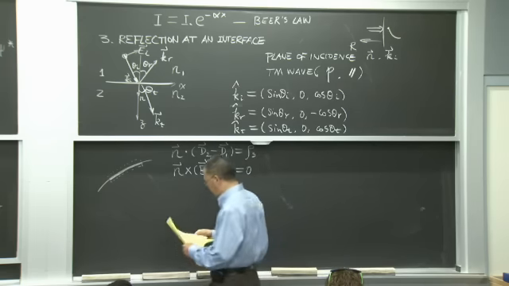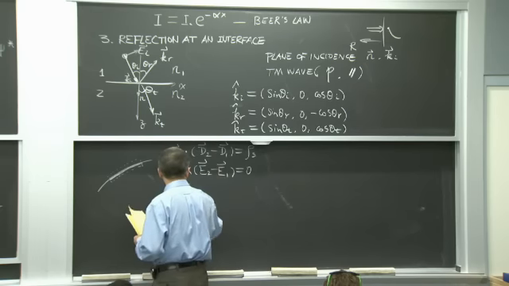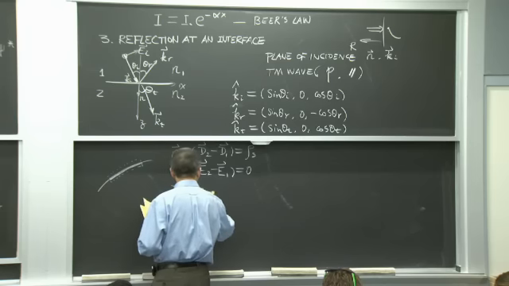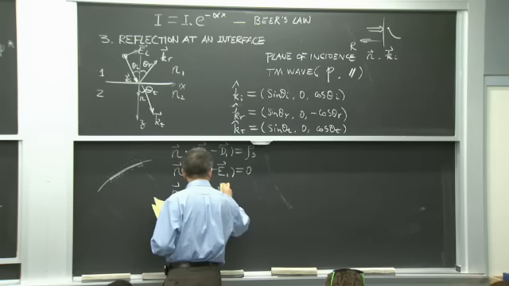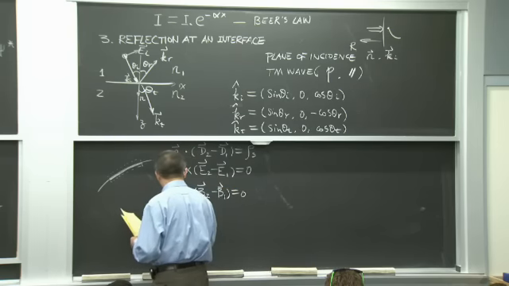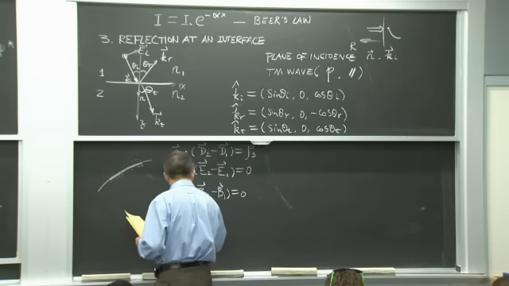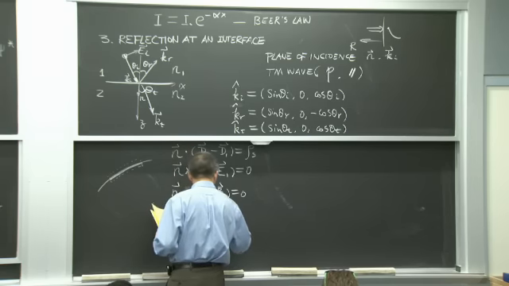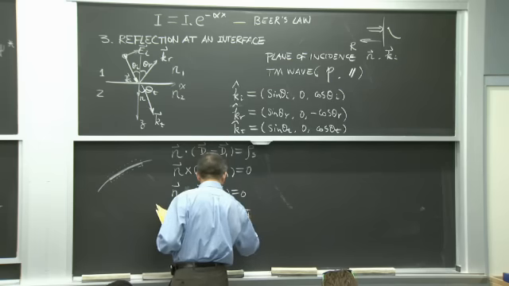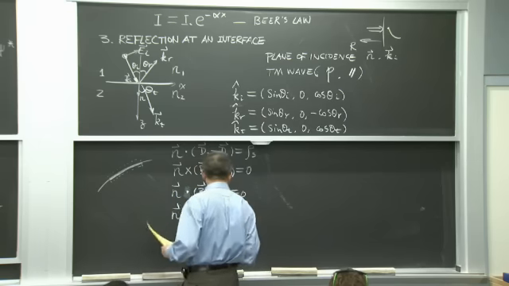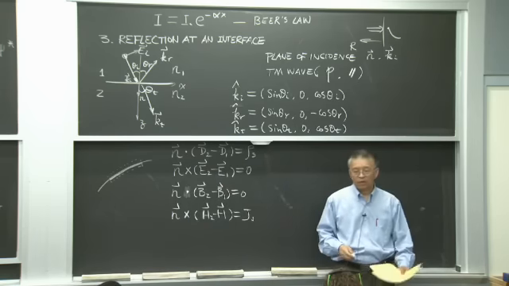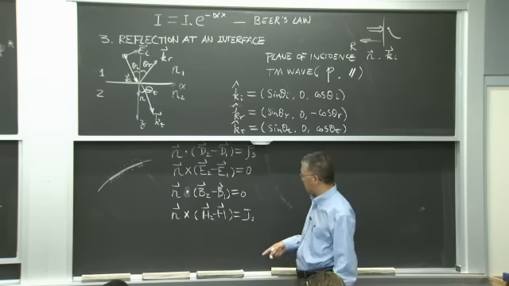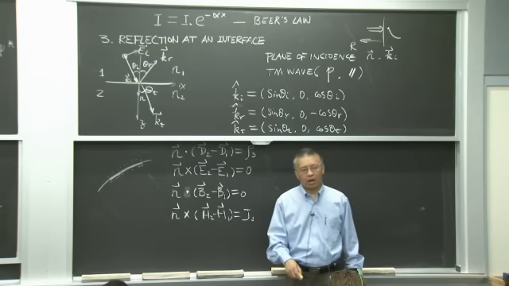Okay. And then you do your magnetic field. First, the dot product is 0. And the tangential component is the surface current. Again, the surface current is something you need to be careful about. It really depends.